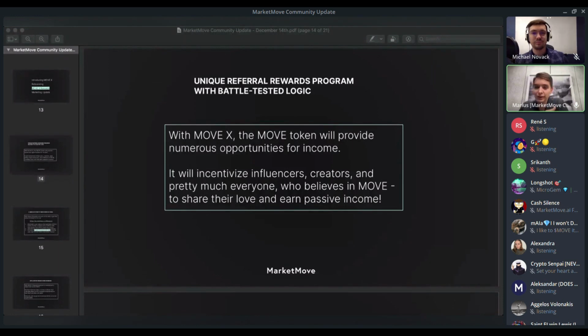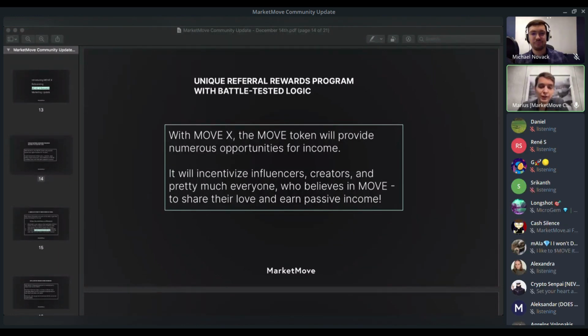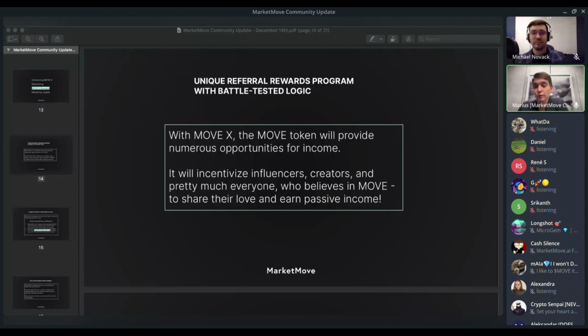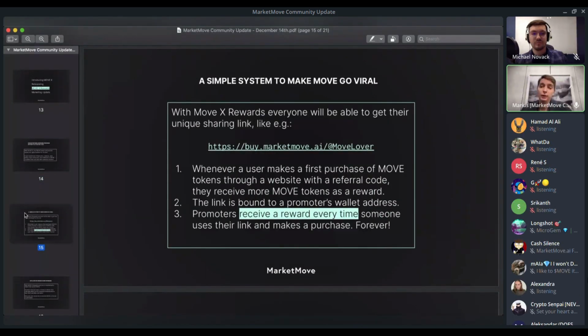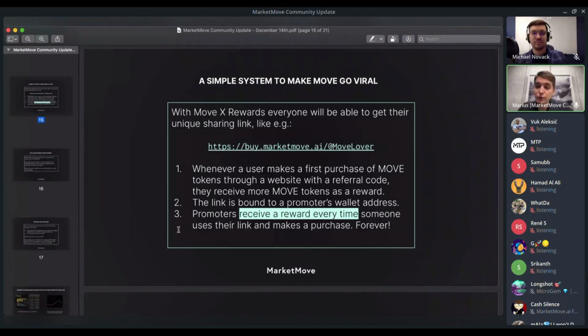You have seen this. I'm sure everybody will see that this is not new in the world, but this is definitely new to crypto tokens. So we're going to adapt this marketing to the token. Here's how we're going to use this simple system to make Move really go viral and spread like wildfire.